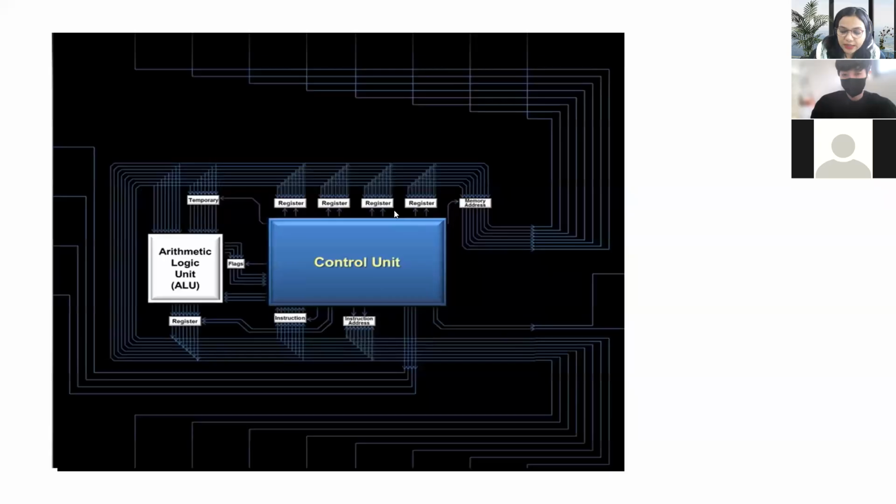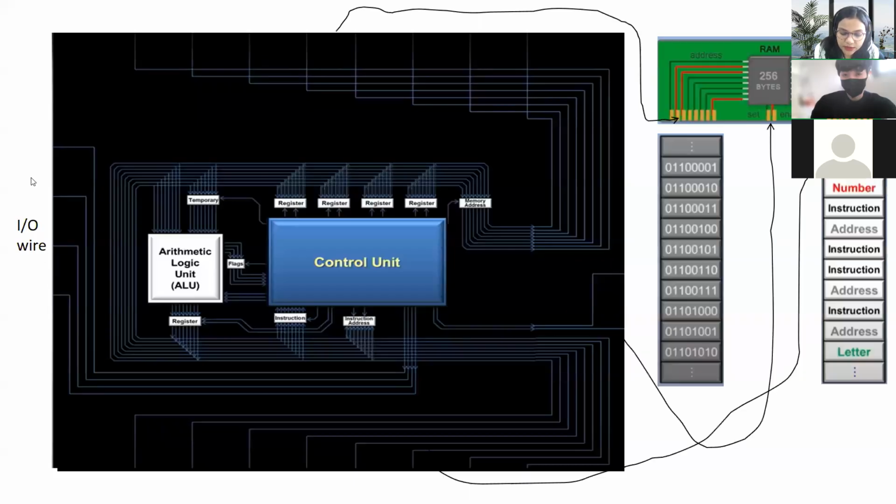And as you can see, this is connected to the RAM for the address and for the data and for the set and enable wires. This CPU is also connected to the input output devices. So this side you can say is input output wires, connected to your input output device.